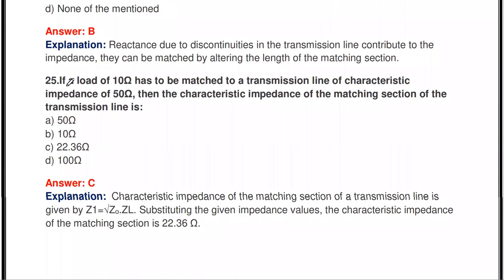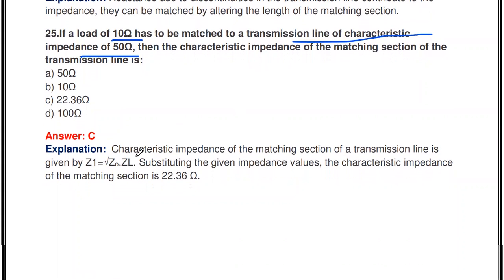The next one: if a load of 10 ohm has to be matched to a transmission line of characteristic impedance 50 ohms, then the characteristic impedance of the matching line is dash. For this transmission line, the load is 10 ohms and the characteristic impedance is 50. What is the characteristic impedance of the matching section? It is given by Z equal to square root of Z naught into ZL.